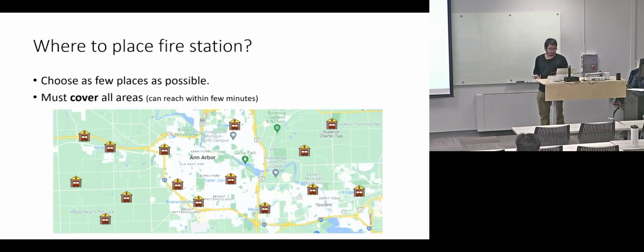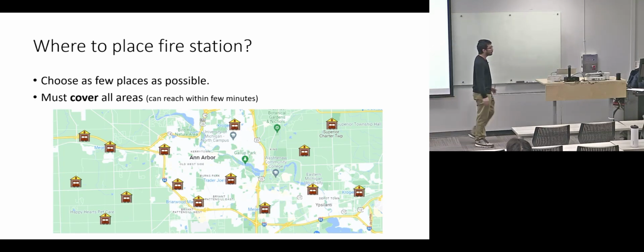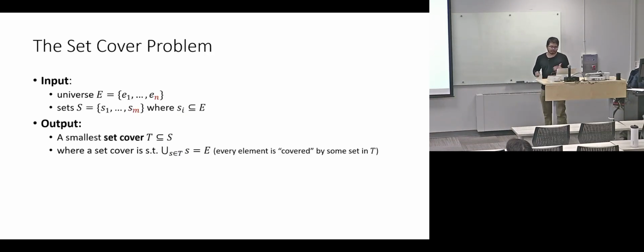So let's look at one problem. Imagine that you have this map. This is Ann Arbor, and you want to maybe put fire stations so that they cover every place in Ann Arbor. This problem can be modeled as a graph problem, or as a set problem like this, where first you have a universe.